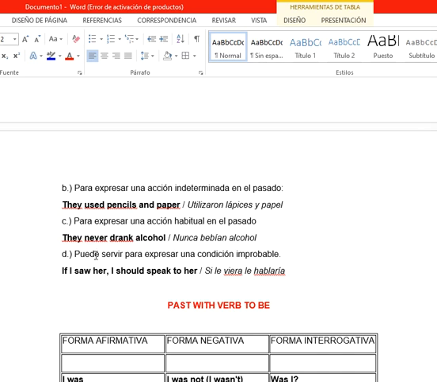And the last one is a little bit more difficult than you are used to, because you haven't learned this topic. It is the conditional. In this case, if I saw her, I would speak to her. It's something that is not probable. It's something that is not true.